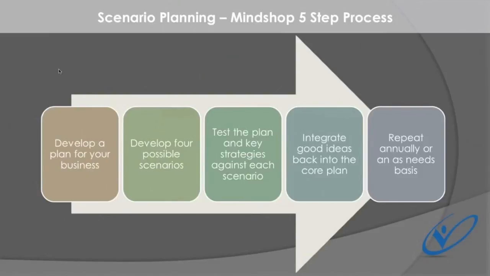So that's pretty simple. The basic process, as we've talked about today, is develop a plan. So you need to have a plan to test your scenarios against. Develop 4 possible scenarios.